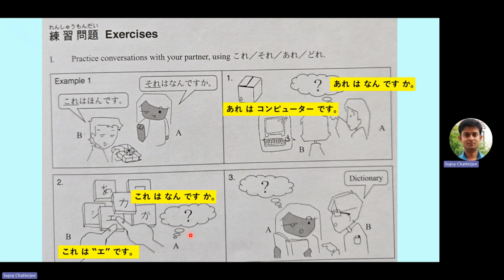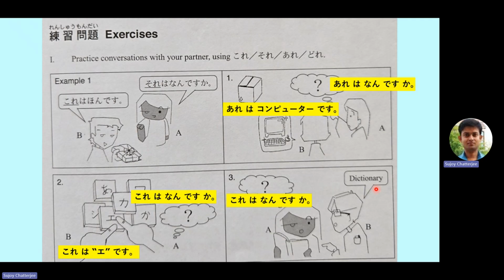Next one, we can see here person A is this. She is asking something and he is telling that it's a dictionary. So now how to frame this sentence? Again, "Kore wa nan desu ka?" Because the object she is holding in her hand is very close to her.